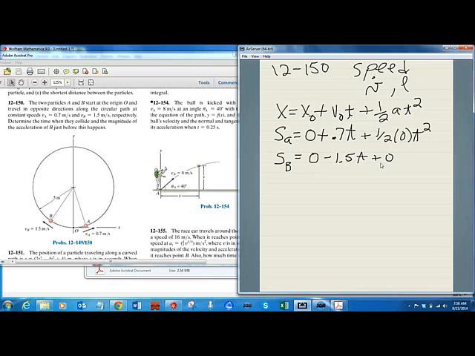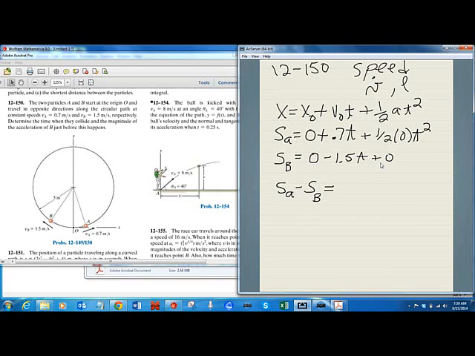Okay, so what should my formula be? SA minus SB, and what should it equal? The circumference, right? Okay, so SA minus SB equals, okay, what's the circumference?